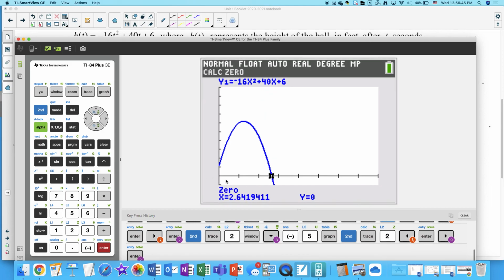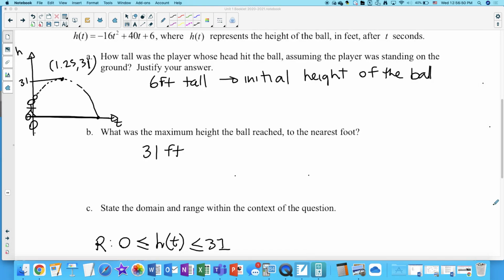So essentially the time values that make sense in this context are anywhere from 0 seconds to 2.64 seconds. 0 is less than or equal to time, which is less than or equal to 2.64.